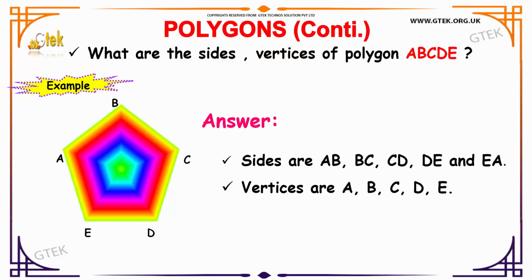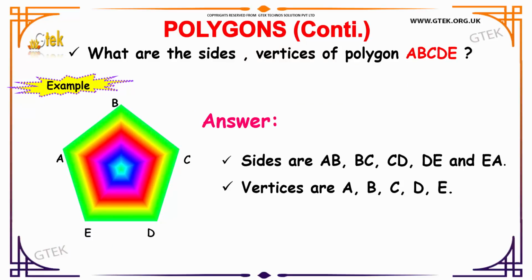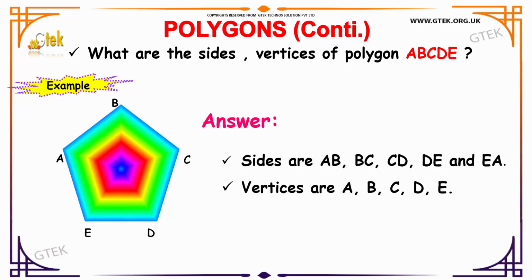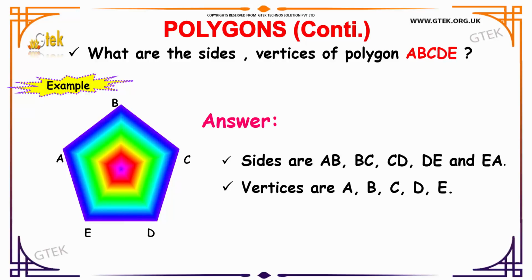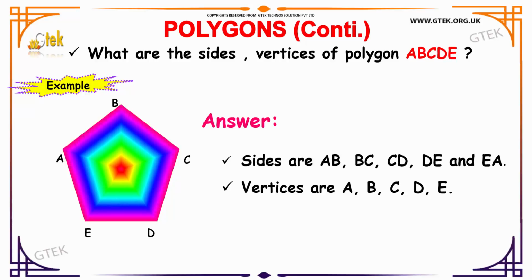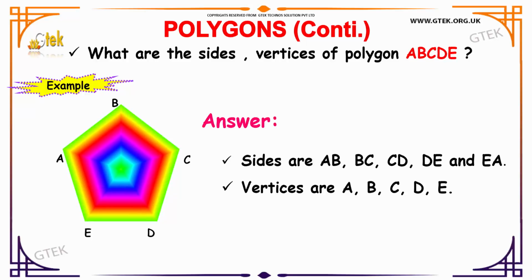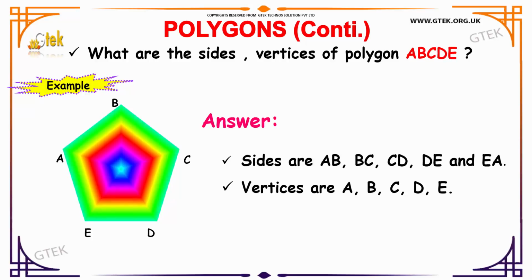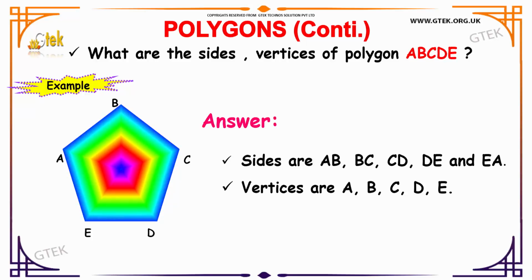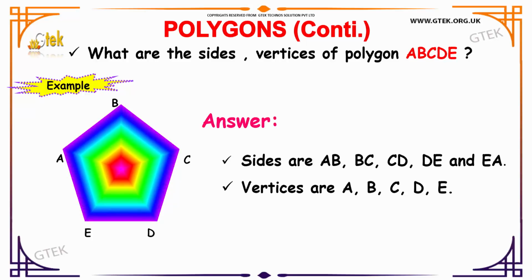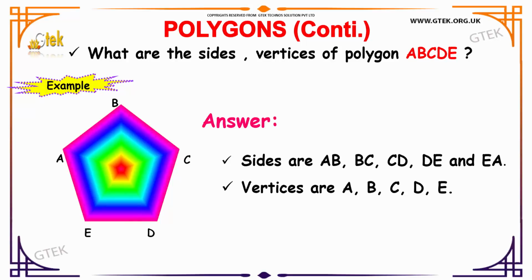Next, we have another interesting question. What are the sides and vertices of the polygon ABCDE? The sides of the polygon are AB, BC, CD, DE and EA.